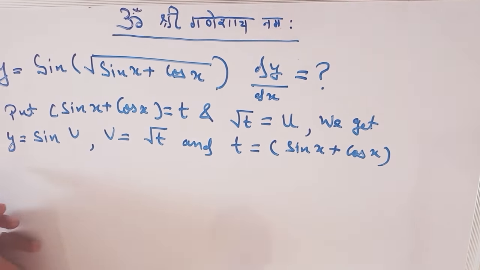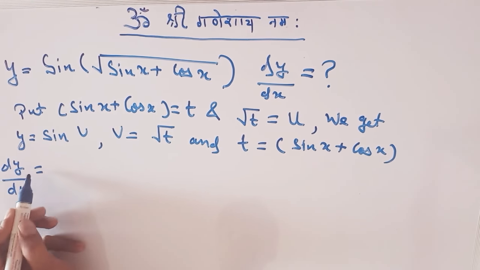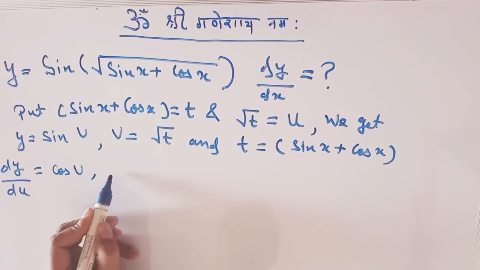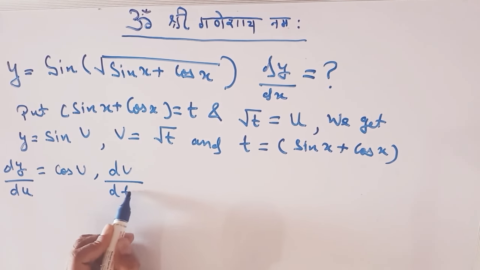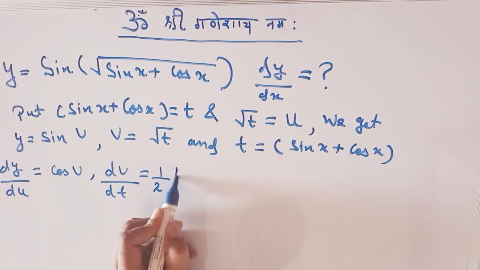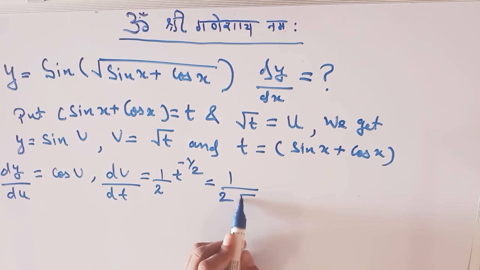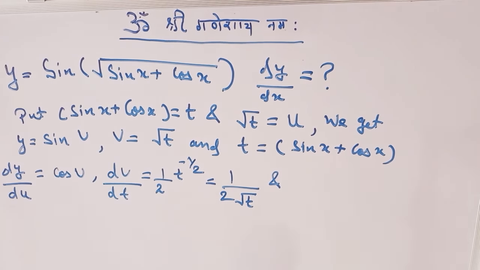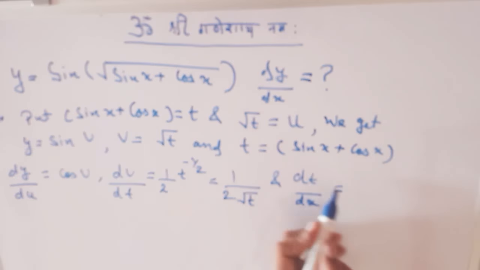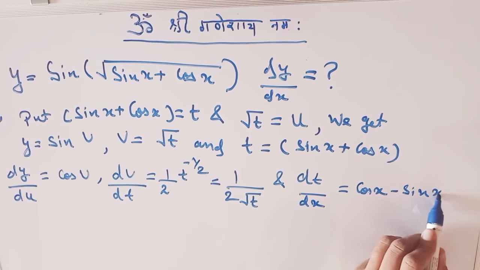Okay, now we have to find dy upon du first. So what is derivative of sine u? It will be cos u, and du upon dt will be 1 by 2 t to the power minus 1 by 2, which is 1 upon 2 root t, and dt upon dx will be equal to, derivative of sin x is cos x, and derivative of cos x is minus sin x.